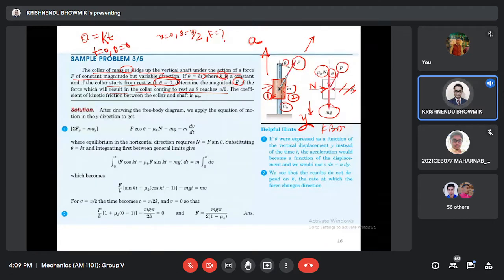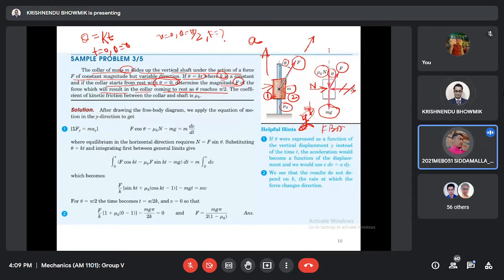Sir, actually the normal should be outward of the contact. The normal should be outward, perpendicular to the contact. Now this perpendicular is fine.